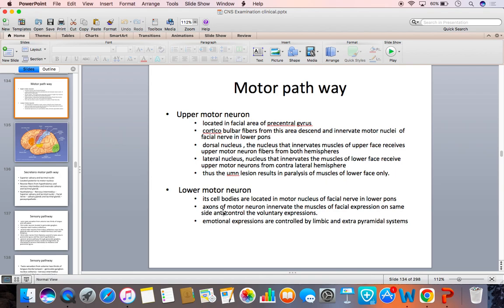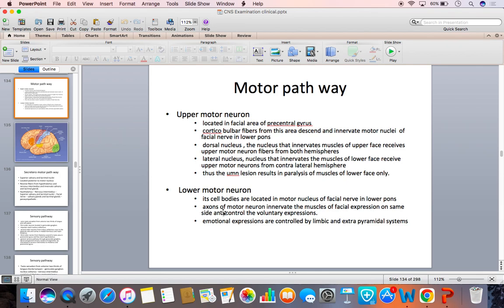Coming to the motor pathway. The motor pathway has upper motor neurons and lower motor neurons. The upper motor neuron cell body is located in the cerebral cortex. The axons run as corticobulbar fibers, pass through the internal capsule, and reach the motor nucleus in the pons.